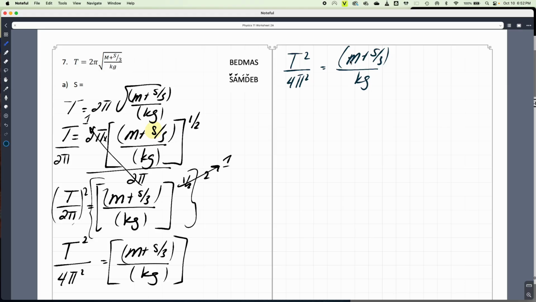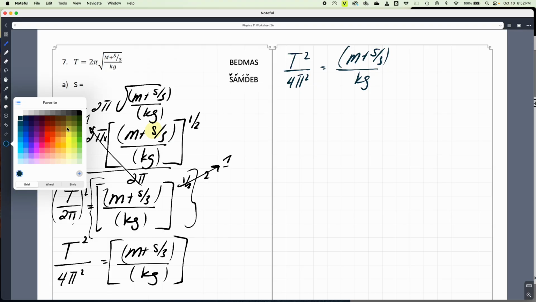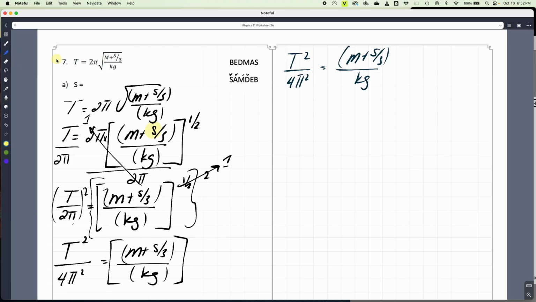So now we're going to tackle this, solving for s again, by using SAM and DEB again, but now outside of this set of brackets. Is there any addition or subtraction happening to s outside of the set of brackets? Well, I see it inside the set of brackets, but there's nothing outside.